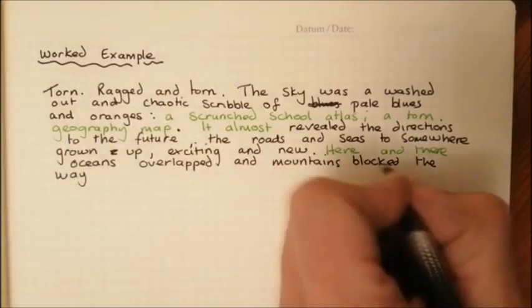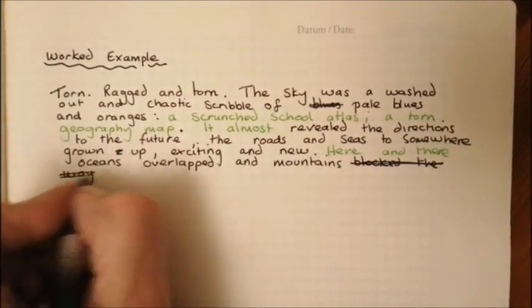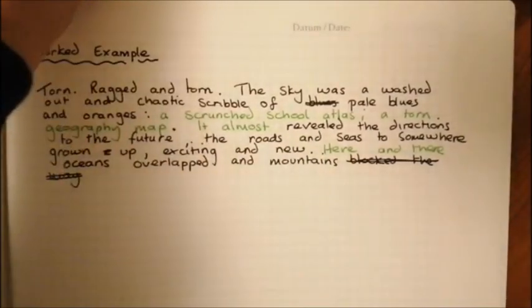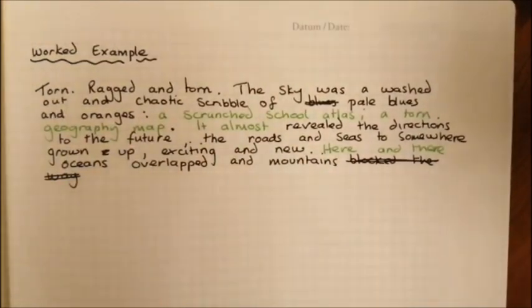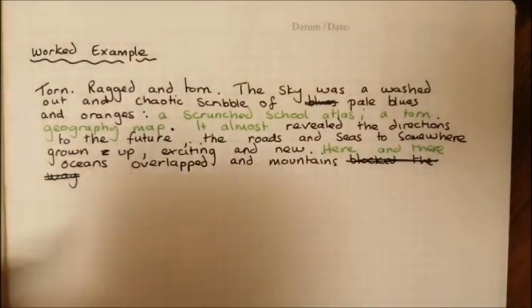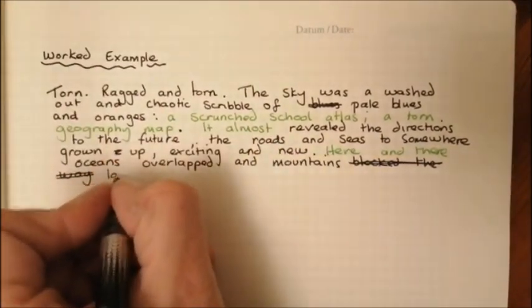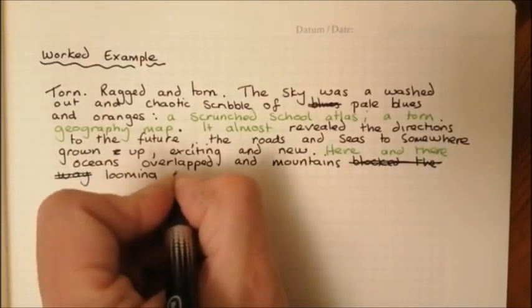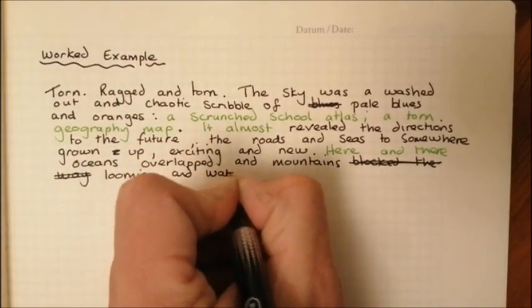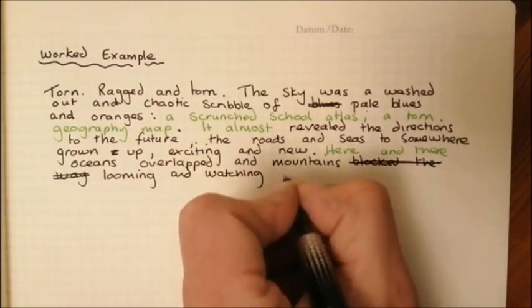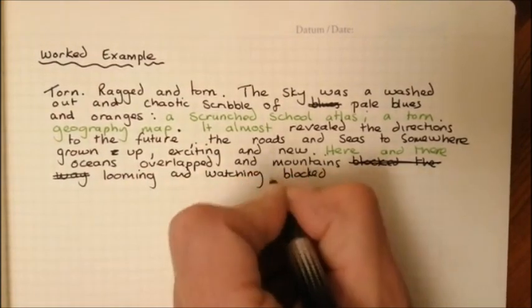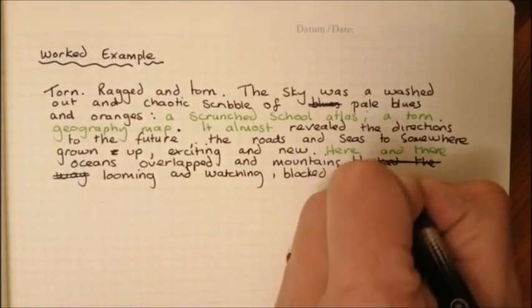And mountains, I'm going to make that better. Now, last week we talked about using verb and a verb to show what they were doing, so I think I could probably add something better here. Oceans overlapped and mountains looming and watching blocked the way.